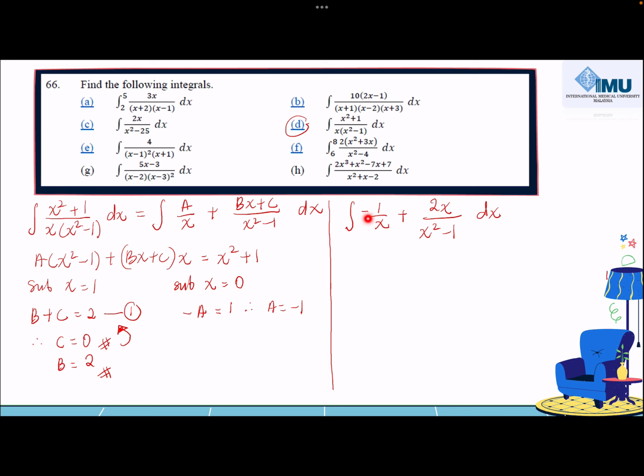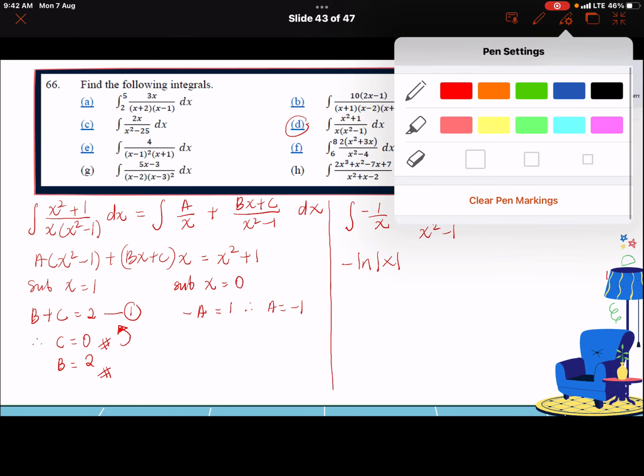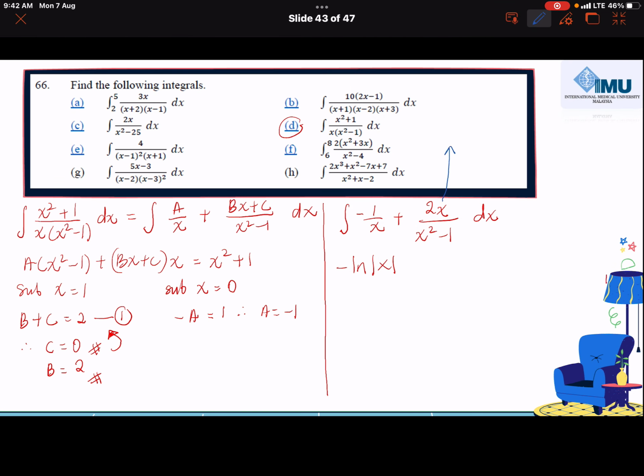Integrate one by one. Integrating negative 1 over x will give you negative ln x. How about here? Integrate 2x over x squared minus 1. Do you notice something? Yes, you can solve by using recognition: the integral of f prime x over f x will give you the result ln f x.